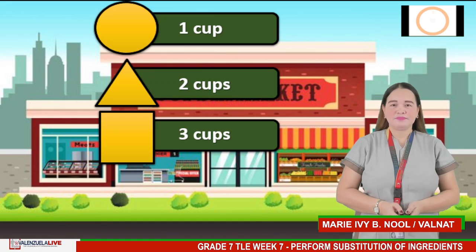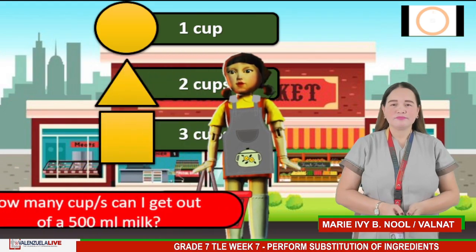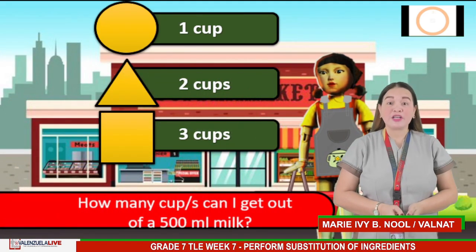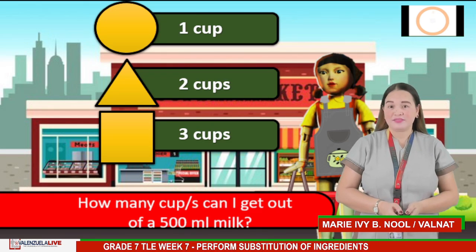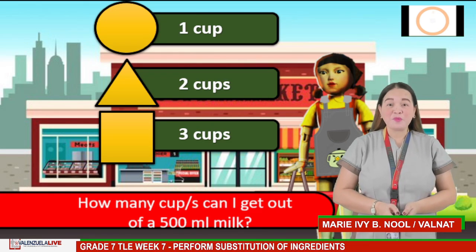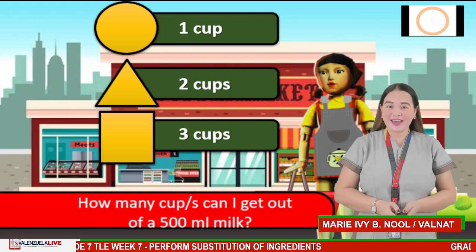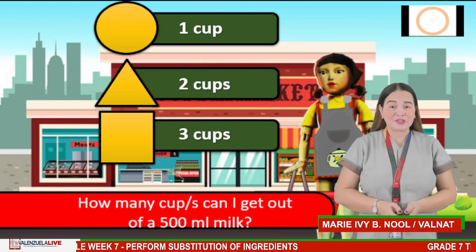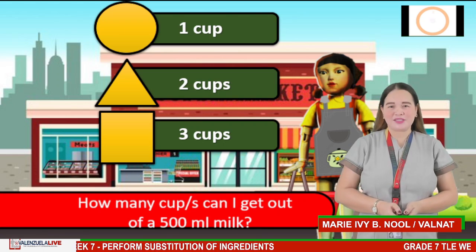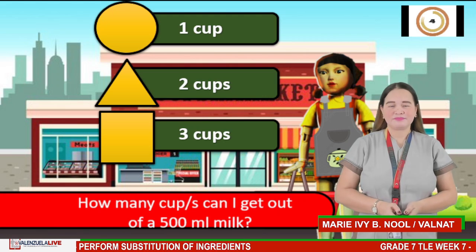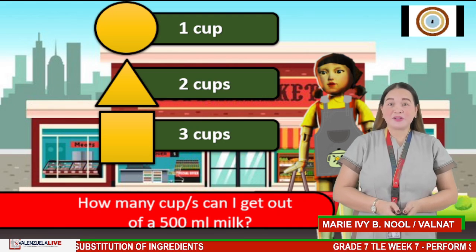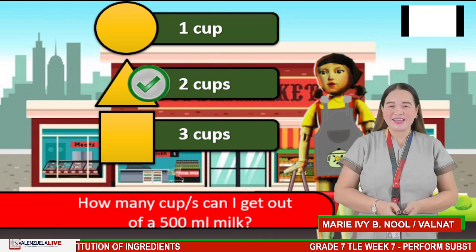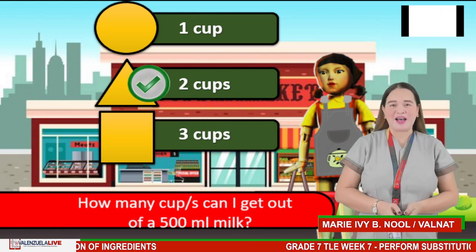Number 3. How many cups can I get out of 500 ml milk? Circle, 1 cup. Triangle, 2 cups. And square, 3 cups. The correct answer is triangle, 2 cups.